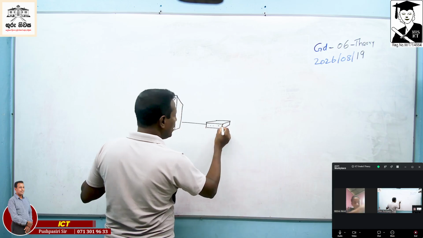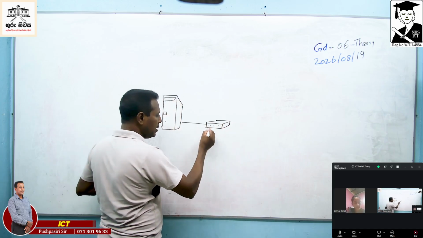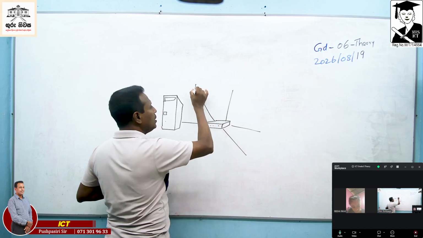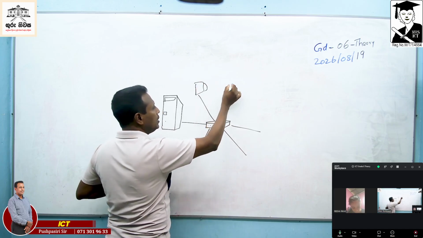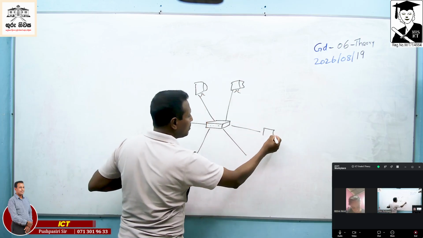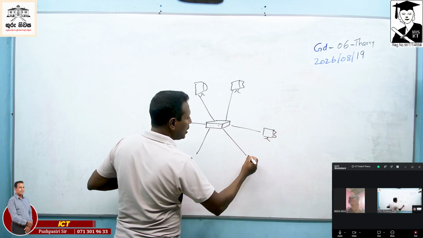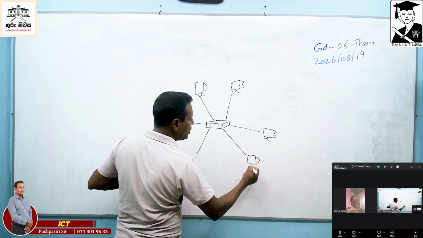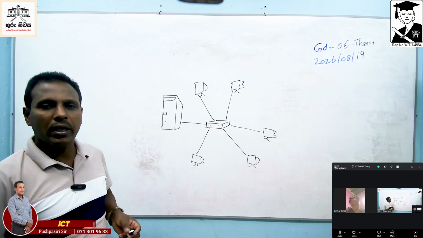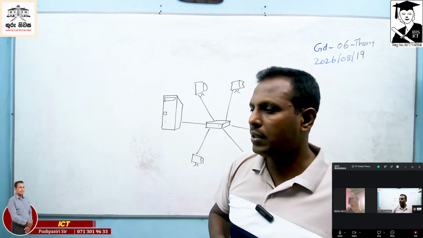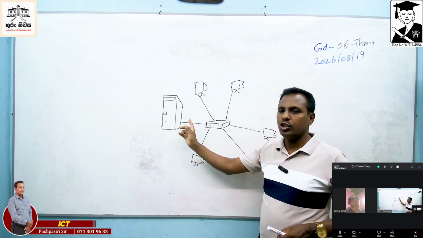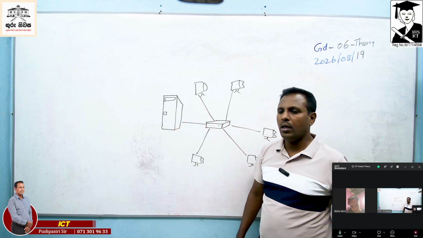Another few computers are connected here, another computer, another computer. There are many computers connected to that one. So these are called a network. Network means connecting many computers together.